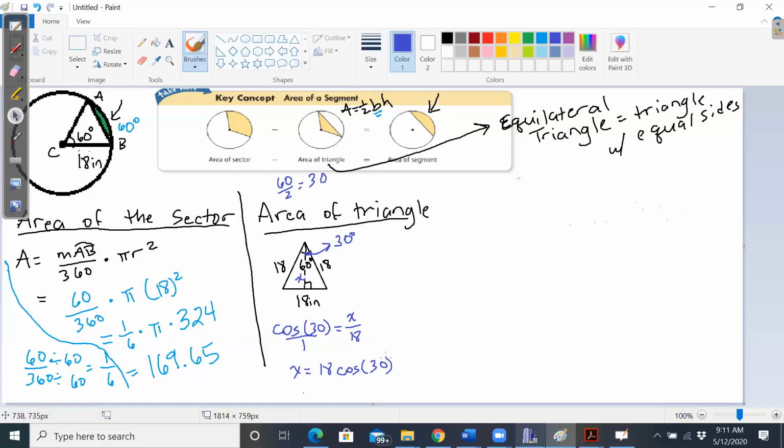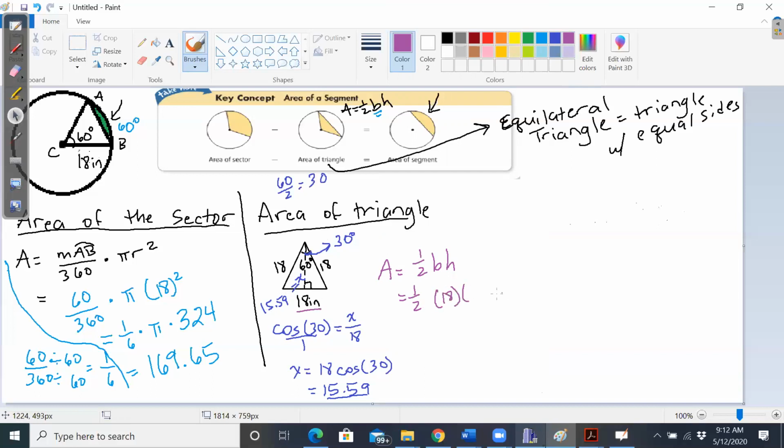Now this isn't our final answer. That's just the height that we need so that we can put it into our area formula to find the area of a triangle. So now I'm going to take this and put it into my area formula. Area is equal to 1/2 base times height. The base is going to be 18.